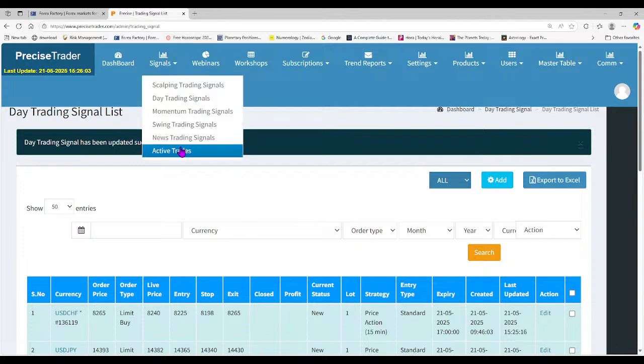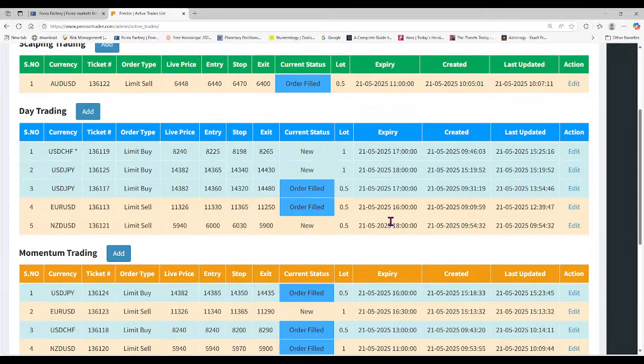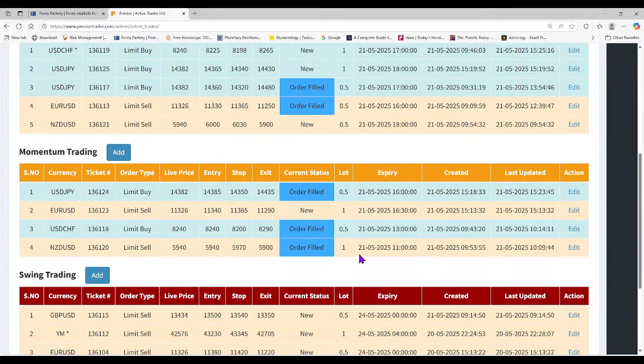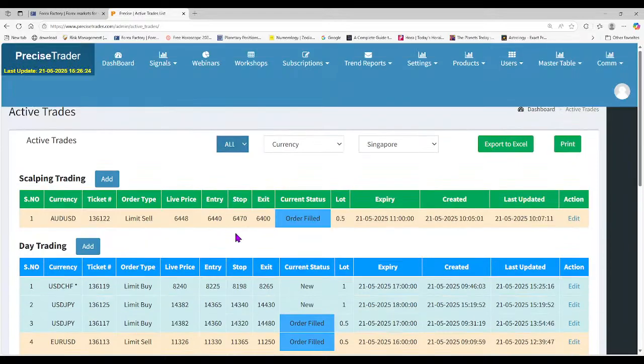Now we are going for a second entry for dollar yen. We have already done. We are going for a second entry for dollar Swiss and euro. Then finally we look for Aussie and New Zealand. Then we look into gold.